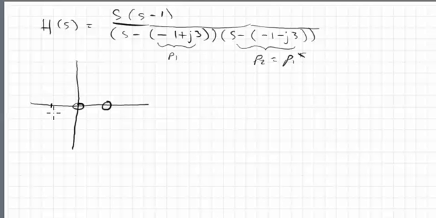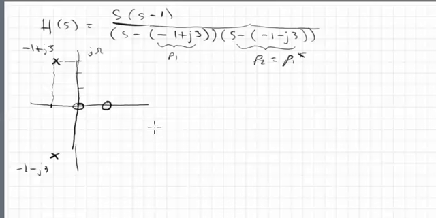It has to be a stable system. Plus j3. Let's mark these off: j1, j2, j3. There's the j omega axis, and we come over there, and we come down there, and we have a pole at -1 plus j3. We have another pole down here at -1 minus j3, the complex conjugate. So there's the pole-zero diagram for this system.